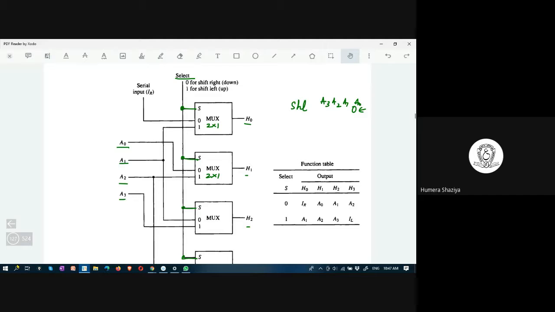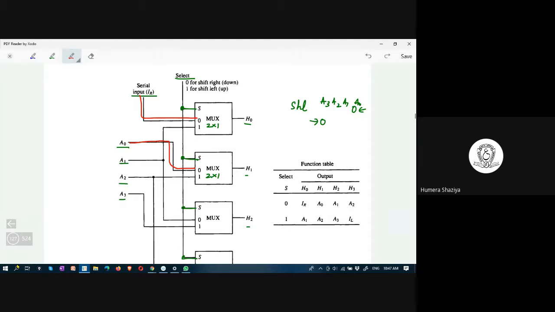For right shift, you have to give the serial input at the A3 position. So the serial input is here, and then this one is A0.